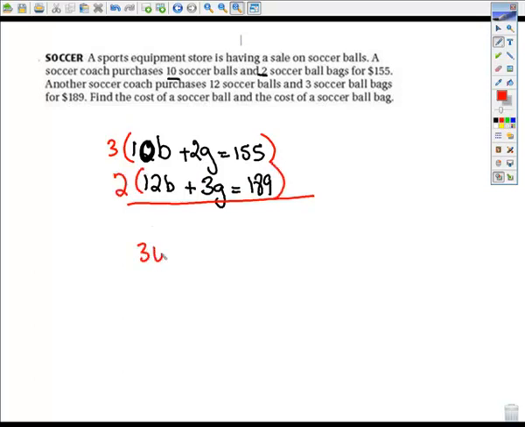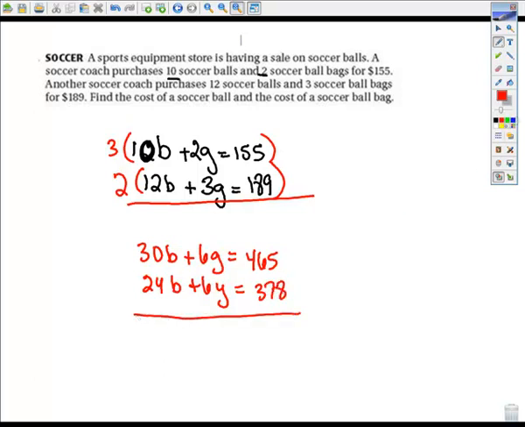So when I distribute, I get a 30b plus 6g equals 465, and I get a 24b plus 6g equals 378. I have to add the opposite here.